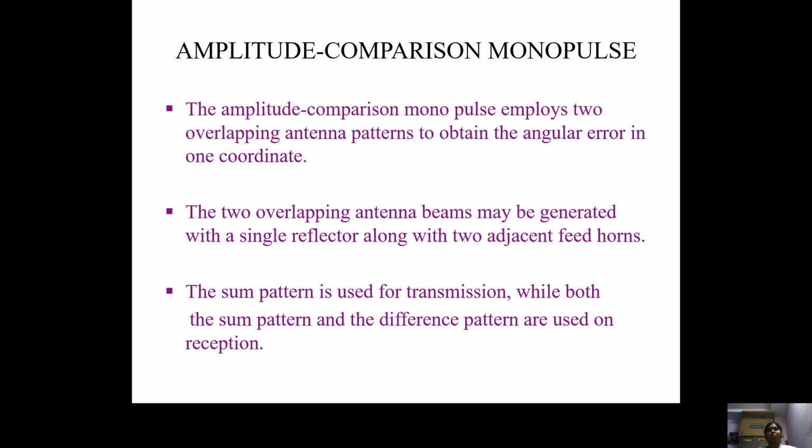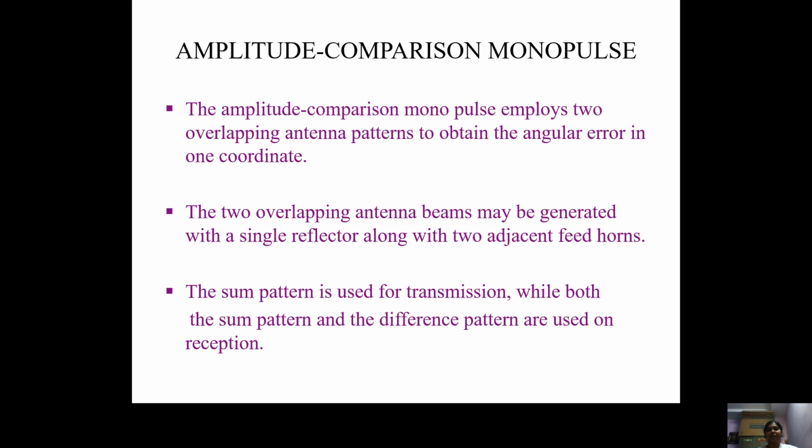Here we use two overlapping antenna patterns, which are obtained from two feed horn antennas. The two overlapping antenna beams may be generated with a single reflector along with two adjacent feed horns.